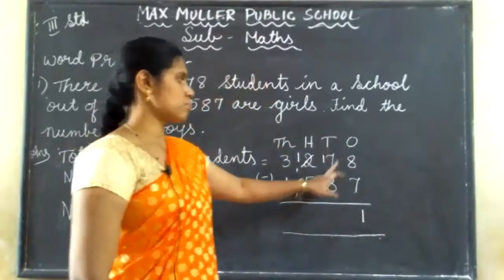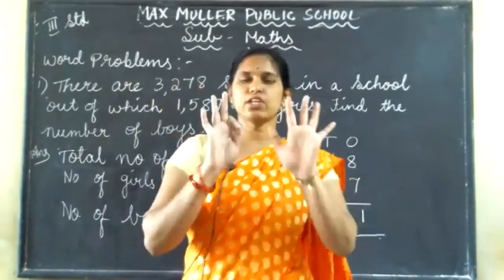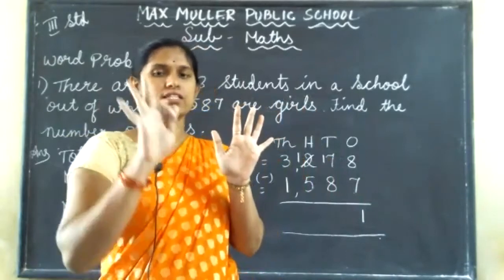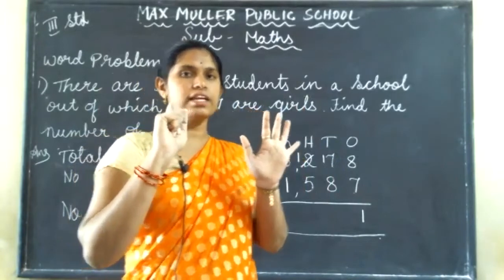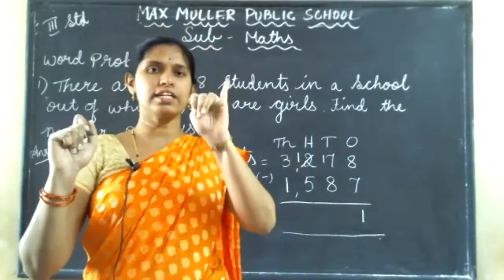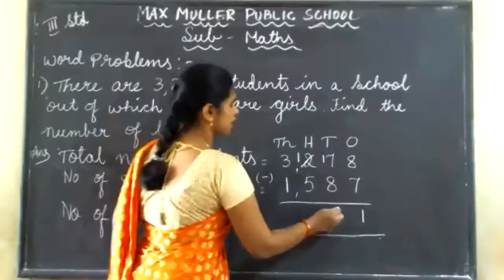So how much has it become? 17 minus 8. Keep 8 on your finger and start counting backwards: 17, 16, 15, 14, 13, 12, 11, 10. The next number is 9. So write down 9 here.